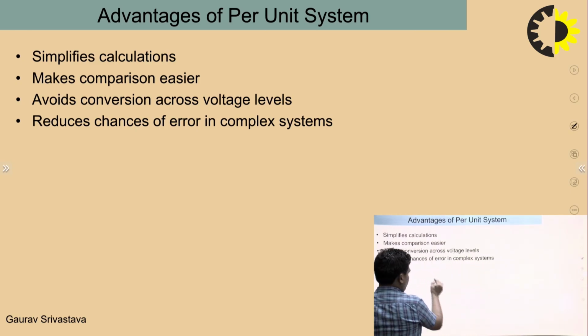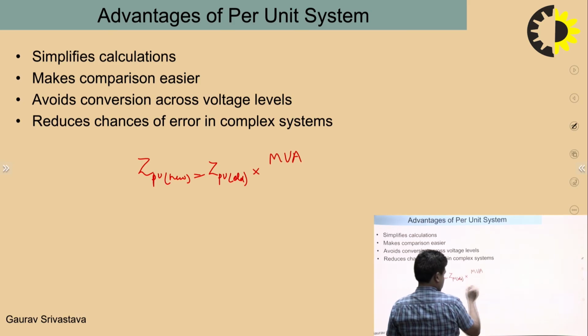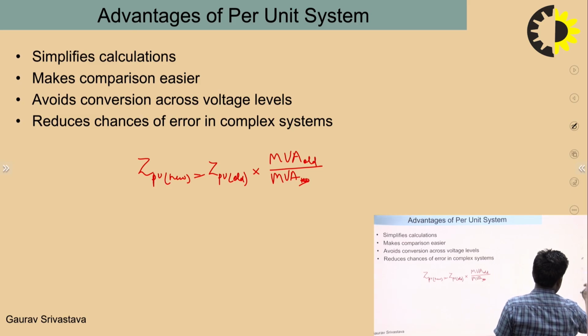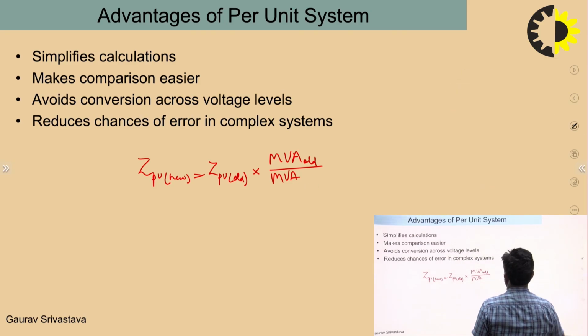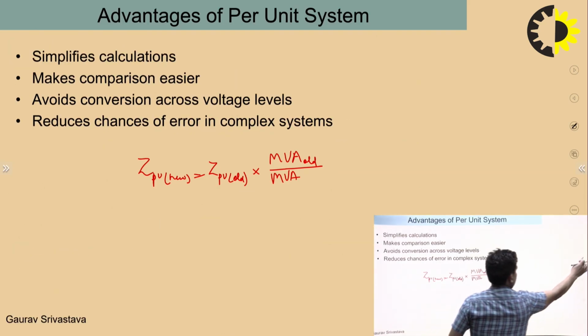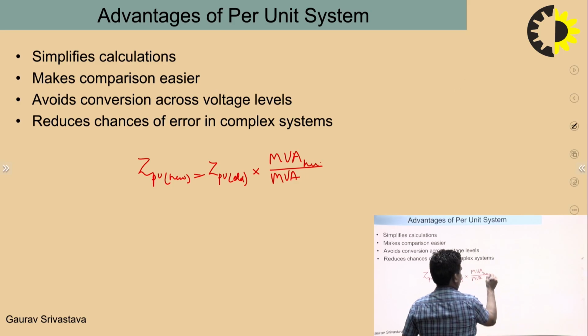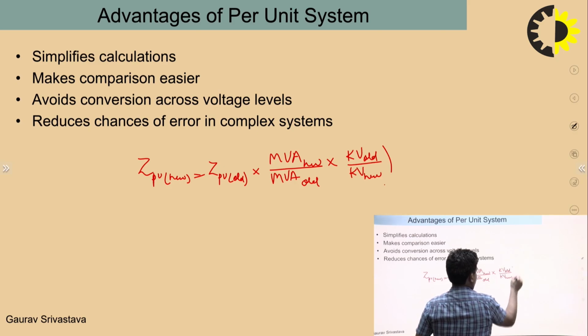So for the new base system, we can find out the formula: Z per unit new equals Z per unit old into MVA new upon MVA old into kV old by kV new, squared.